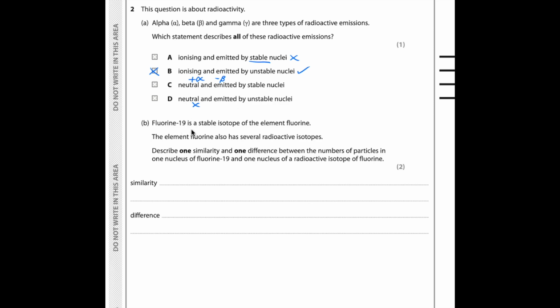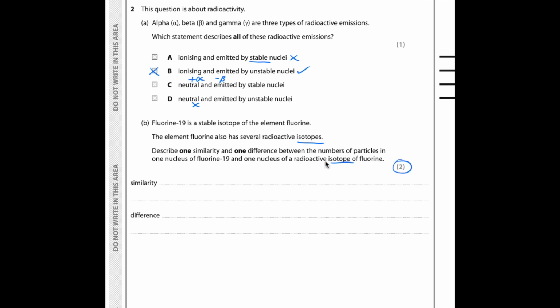Part B. Fluorine-19 is a stable isotope of the element fluorine. The element fluorine also has several radioactive isotopes. Describe one similarity and one difference between the numbers of particles in one nucleus of fluorine-19 and one nucleus of a radioactive isotope of fluorine. 2 marks.